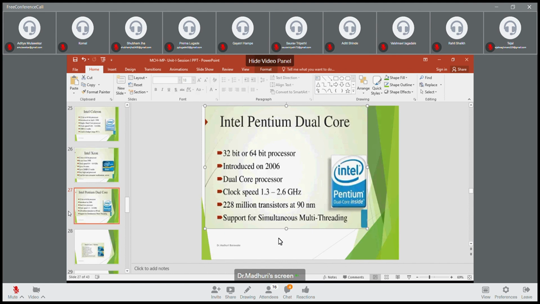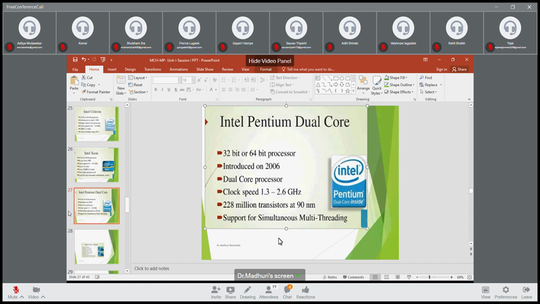Now when we think about servers, even whenever you are purchasing your mobile, you ask whether it is single core or dual core. Okay, so dual processors are there. In dual core there are dual processors. Here the clock speed is near about 1.3 to 2.6 gigahertz.